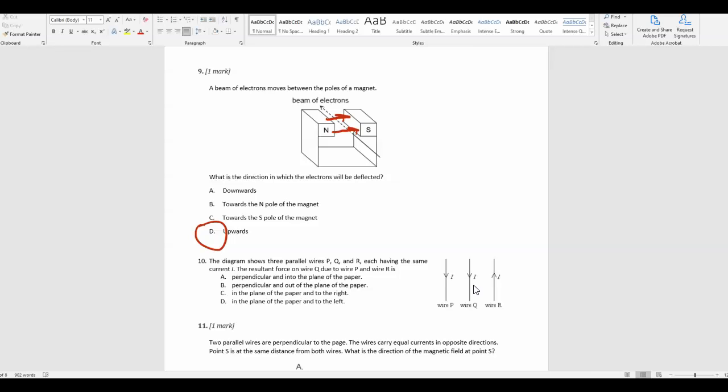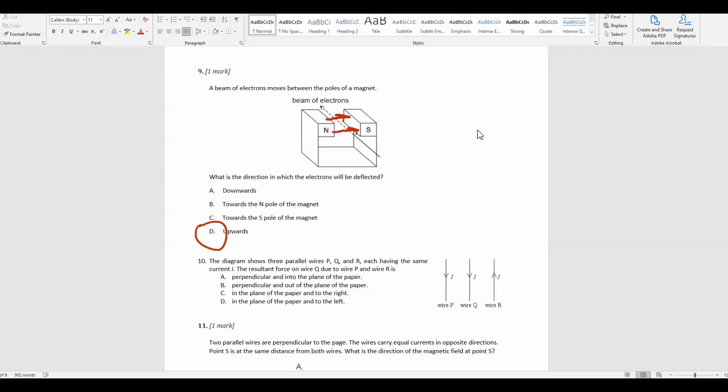Okay, so we have to use right-hand rule number 2 to figure out the direction of the magnetic fields due to the other two wires. Now, if I use right-hand rule number 2 on wire R, I put my thumb going up in the direction of current. This is wire R. When I curl around, by the time I get to where Q is, my fingers are coming out of the page at that location.